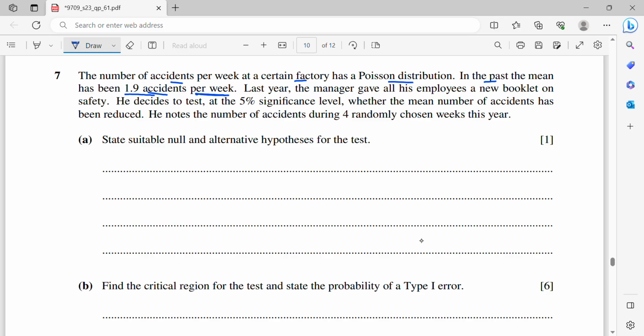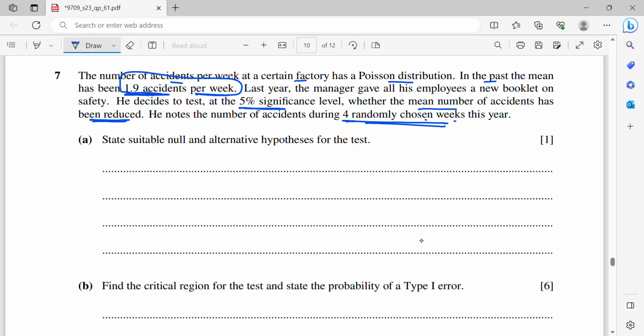He decides to test at 5% significance level whether the mean number of accidents has been reduced. He notes the number of accidents during 4 randomly chosen weeks this year. Okay, this is for 4 weeks. This 1.9 accidents is per week, for 1 week.